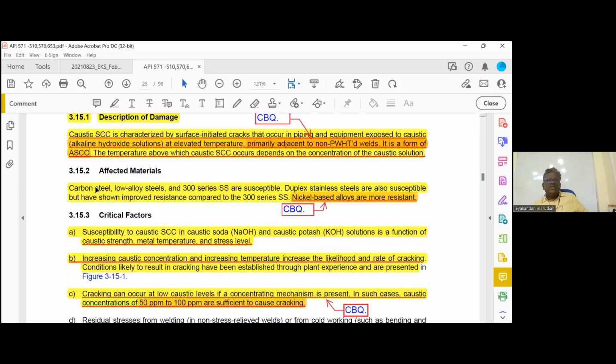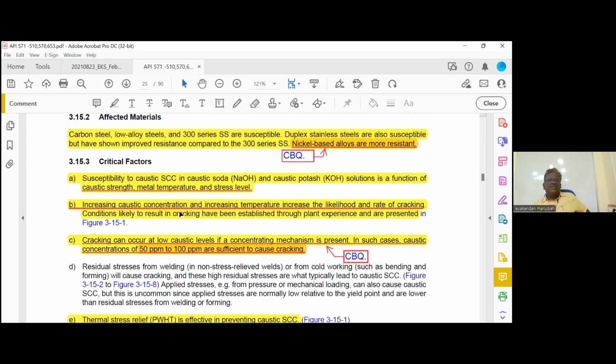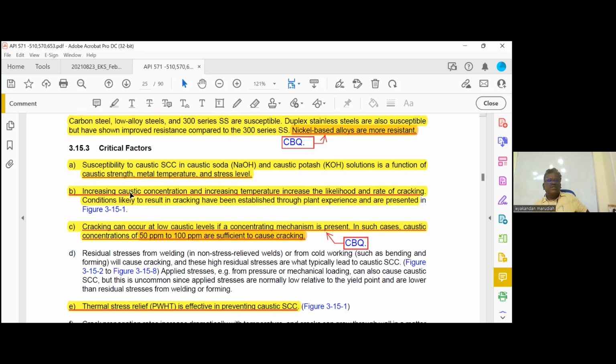Then again, affected metals are carbon steel and low alloys; 300 series and nickel-based alloys are more resistant. That is a closed book question. Then critical factors, highlight the second line: caustic strength, metal temperature and stress level. So caustic strength, metal temperature and stress level. Then increasing caustic concentration and increasing temperature increase the likelihood and rate of cracking.